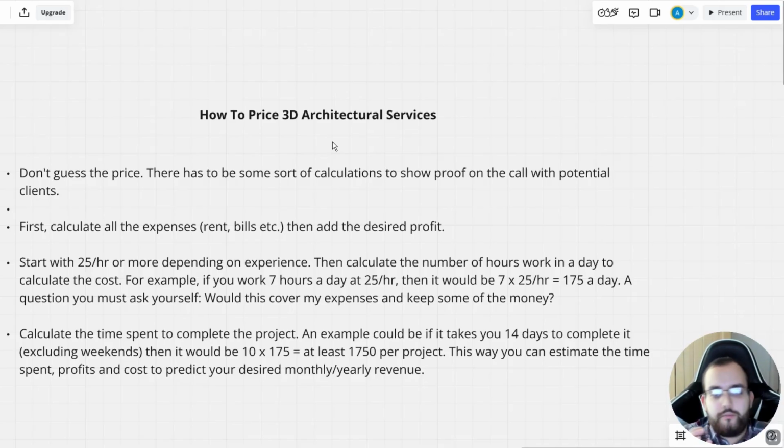Let's say you are doing a housing project that involves modeling and renderings. First, I want you to try doing the work and set a timer, or maybe record on a sheet of paper or time log, whatever, and calculate how many hours or how many days it takes you to complete the modeling and the renderings, the whole project.